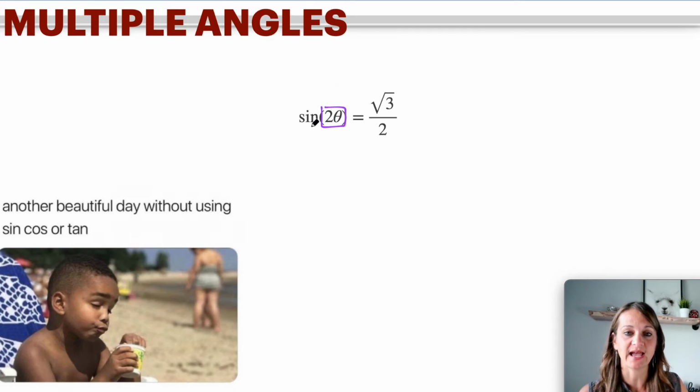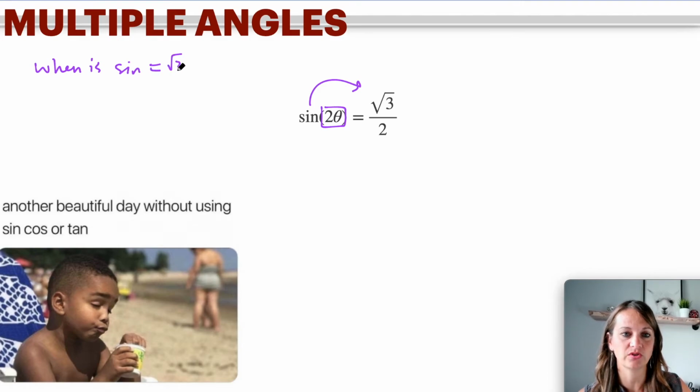First thing you're going to do is actually go ahead and determine when is sine equal to square root of 3 over 2. So in the unit circle, that happens at pi over 3, and that happens at 2 pi over 3. Now, here's what you do.